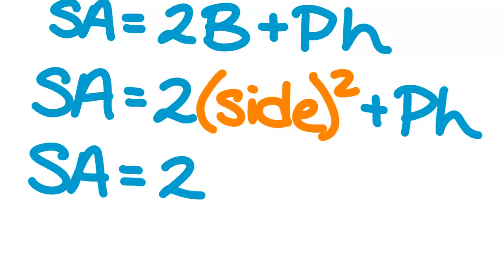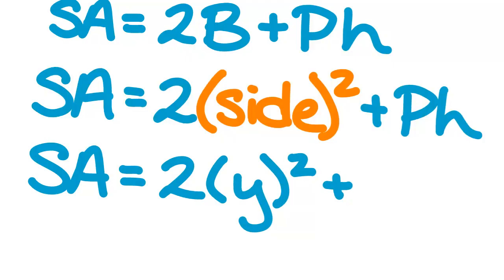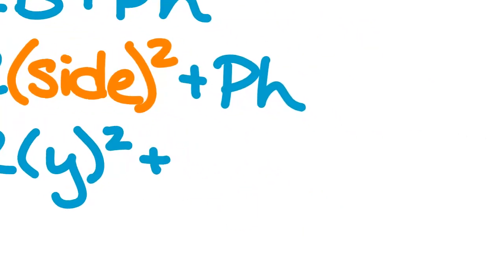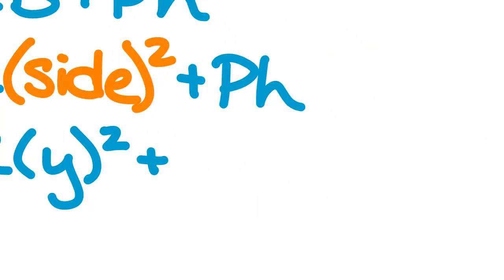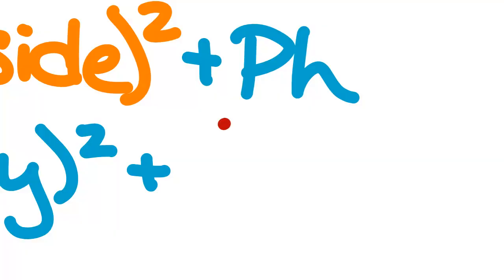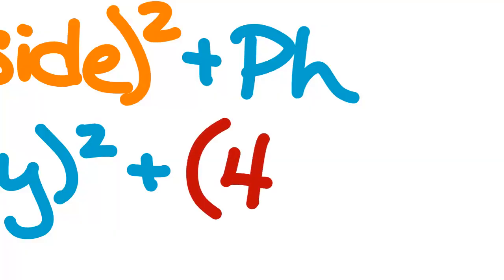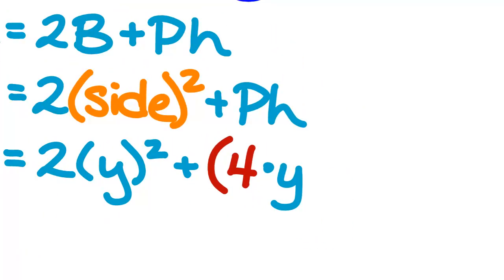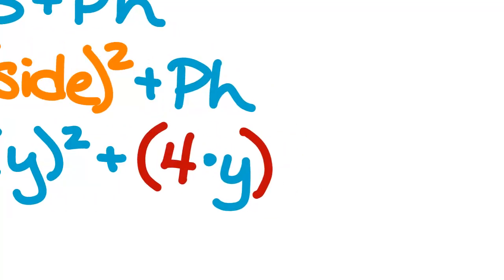Y. So I would have 2 times Y squared plus the perimeter. How many sides does the base have? 4 sides. How big is each side? Y. So I have 4 times Y times my height, which is another Y.